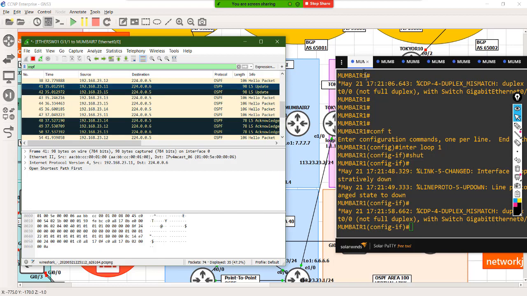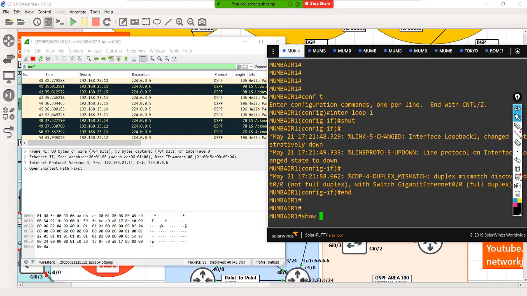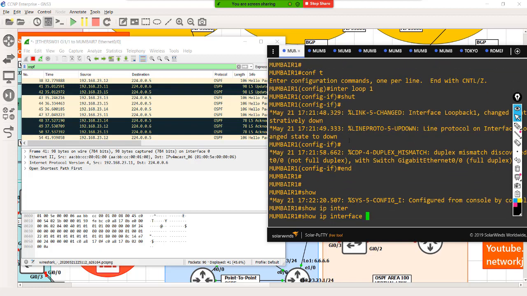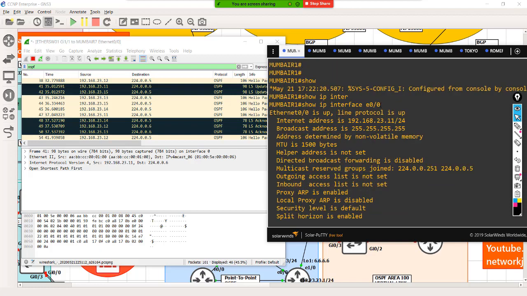How do we prove that this IP, .6, is listened to by the DR and BDR and the others are actually not? Let's say I make use of show ip interface Ethernet 0/0. If I do this command, you will see the multicast address that's enabled on 0/0 is .5. Some multicast address deals with DNS, so it's not OSPF, so don't be confused.